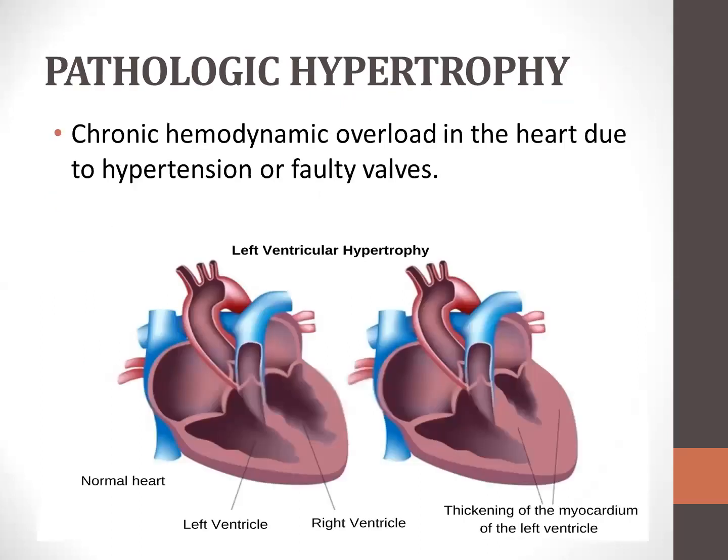Pathological hypertrophy can occur in cases of hypertension because of increased blood pressure in the arterial circulation. The muscle in the left ventricle of the heart increases in size. So this is pathological hypertrophy because it is occurring because of a disease.